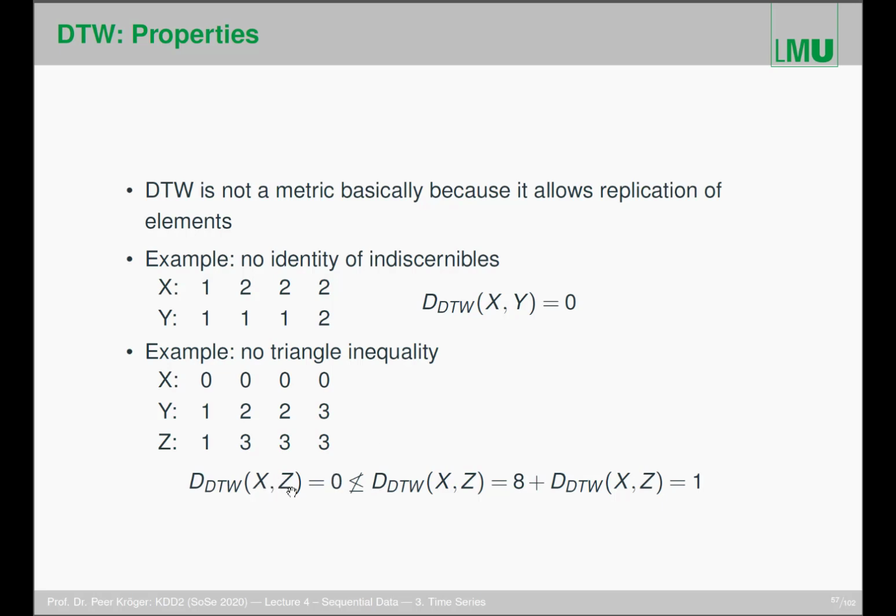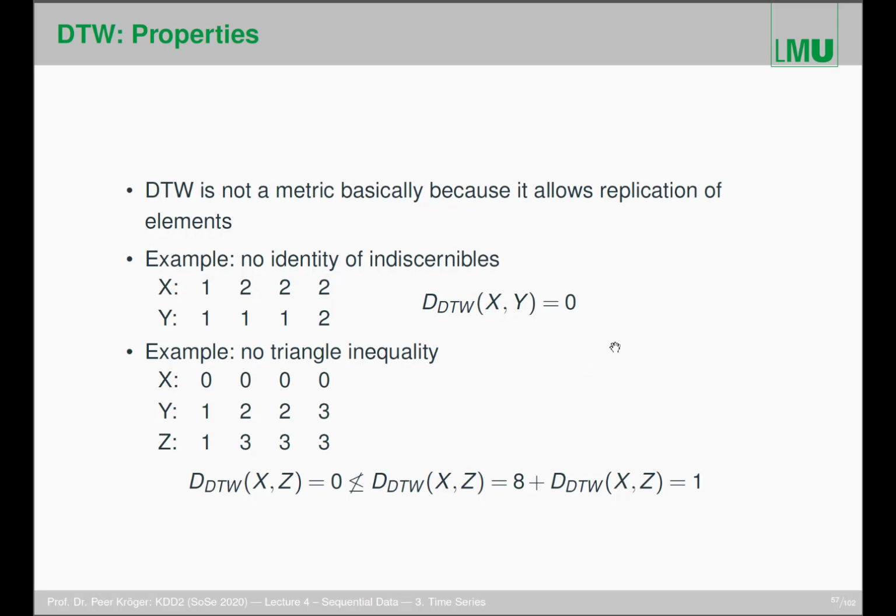So between x and z is 10, and then between x and y is 2, 4, 7 plus 1 is 8, plus between y and z, which is just 1 here. That matches. This is a 1, this is a 1, so it should be a 2 actually, but anyway, and this is a match again. So in that case, the triangle inequality does not hold.